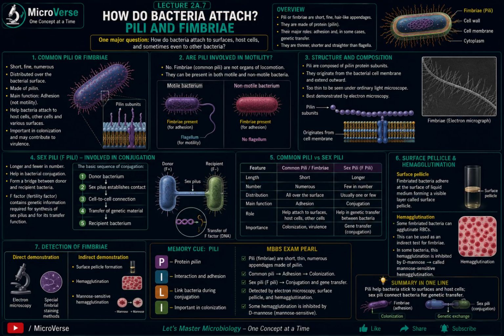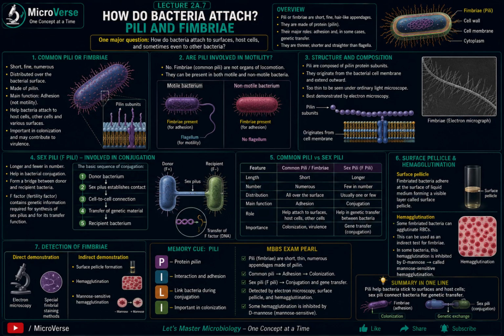The sex pili, on the other hand, are longer and fewer in number. Their main role is not ordinary attachment to the host cell. They help establish contact between the bacterial cells during conjugation, allowing genetic material to be transferred. So remember, common pili help bacteria attach to the surface and sex pili help one bacterium connect with another for genetic transfer.